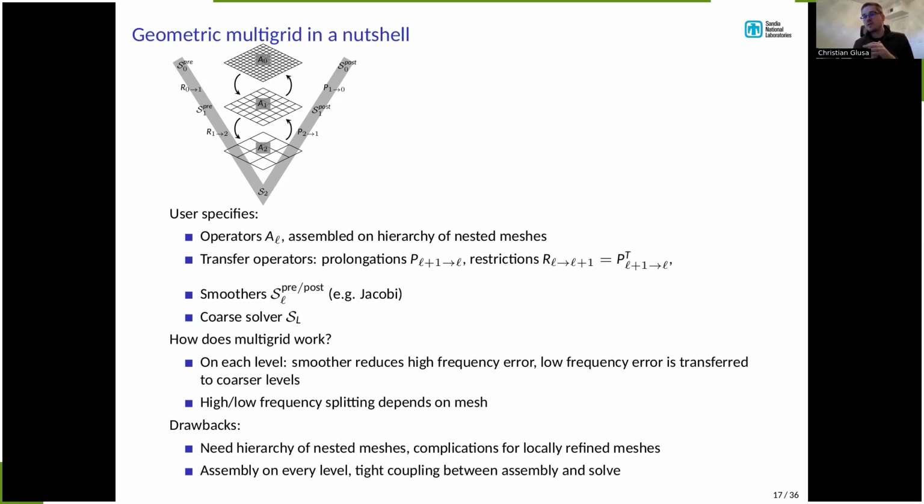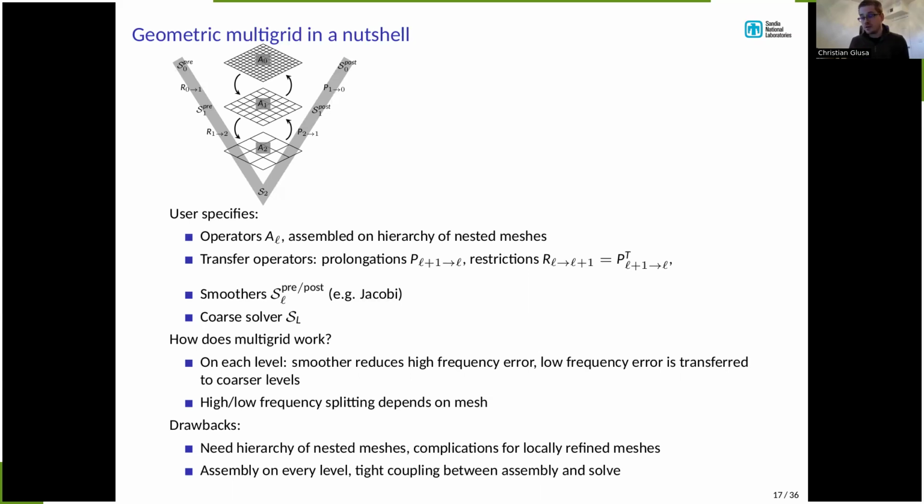And finally, what we will need on every single one of these meshes is a cheap iterative scheme to solve on that particular level. Typically we'll use something like a Jacobi iteration or a Chebyshev iteration, something that really only does a matrix vector product and then some amount of scaling.